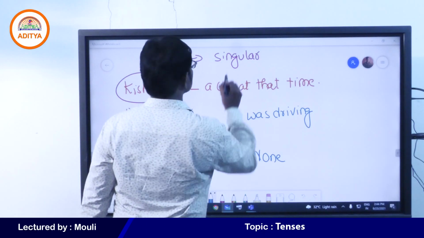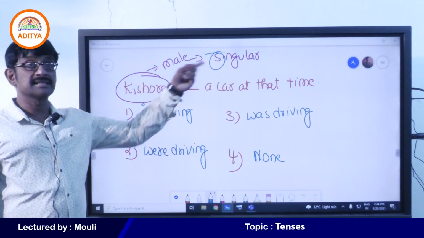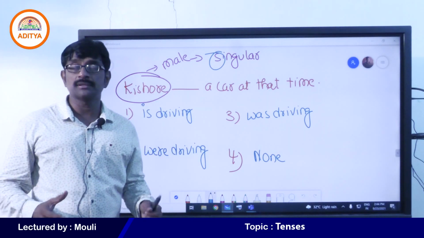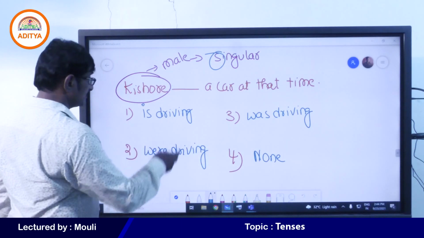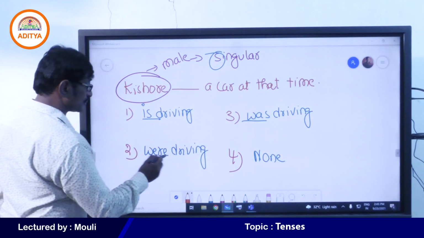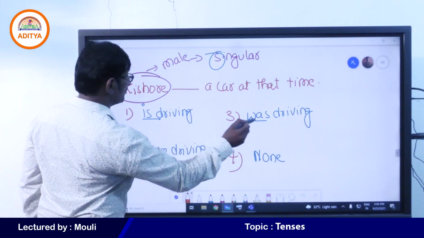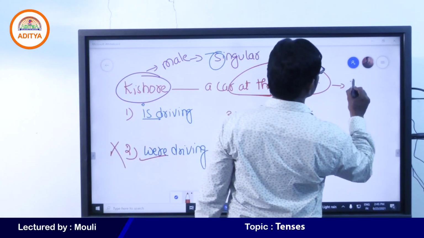So singular means this S. This is singular. So we want a verb which ends with S. So you see now, S is there, S is there. So this we don't want. These 2 may be, but here "at that time" is given. At that time means past tense.